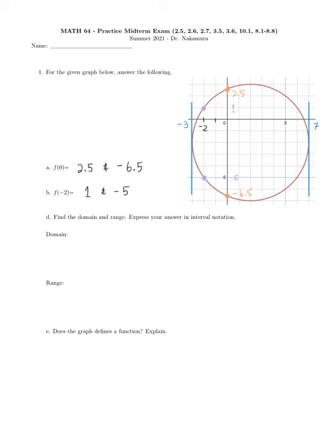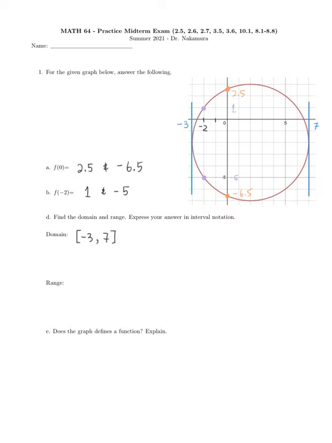So again, notice that all of the graph fits between x equals -3 and x equals 7. So here, our domain in interval notation is going to be closed bracket -3, comma, 7, closed bracket. Now, if you have a closed bracket, that means that -3 is included and 7 is included.